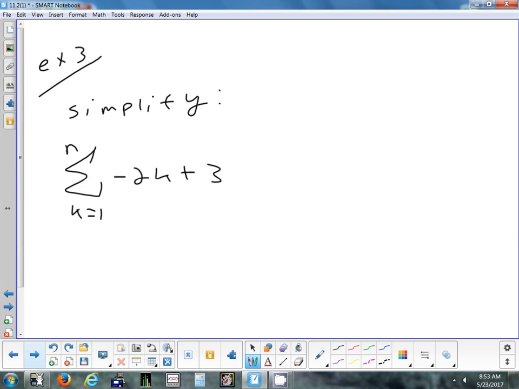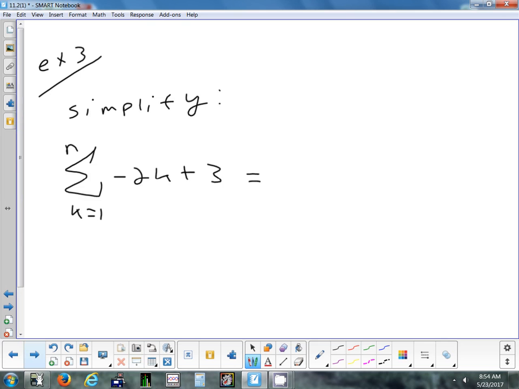All right, so let's look at this one. And I want to simplify this sigma notation. So when I'm done, I don't want to have sigma anymore. I just want to have a polynomial, like 3n cubed plus 4n minus 7. I want a formula.